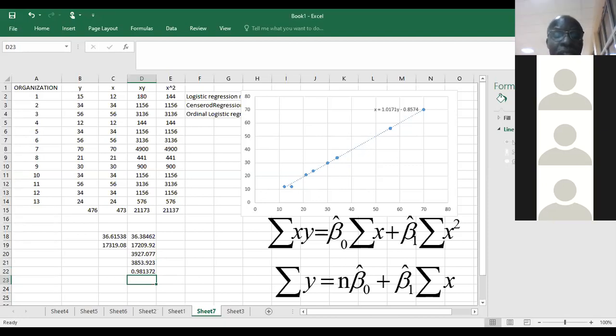Beta 1 cap is equal to 0.981. You label that as equation 4. Beta 1 cap equals 0.981, which is equation 4.